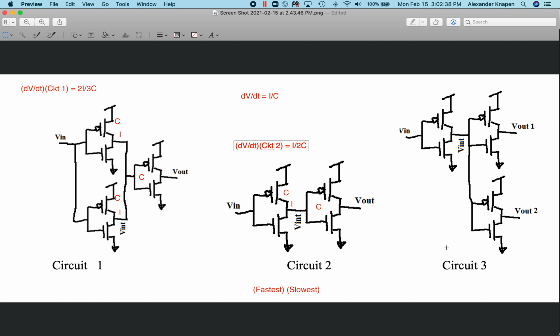Now finally, let's look at circuit 3. We have one inverter that's supplying current into the node under question, which is that first inverter. So I'll say that there's a current I being driven into that node.